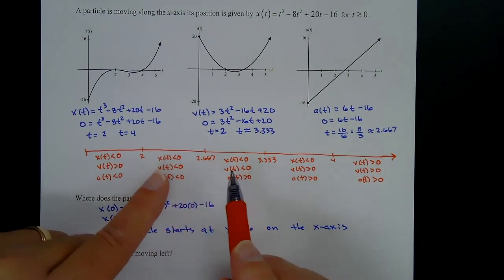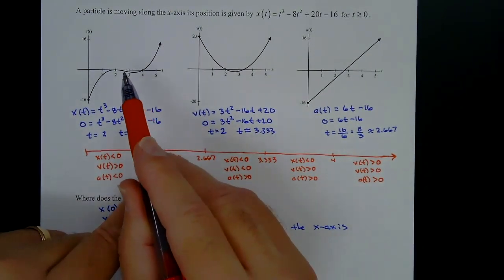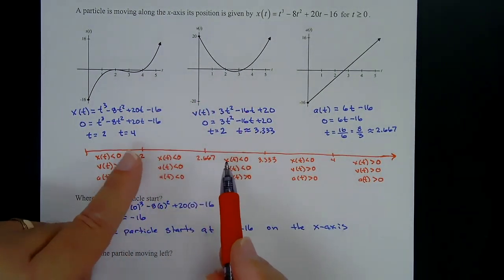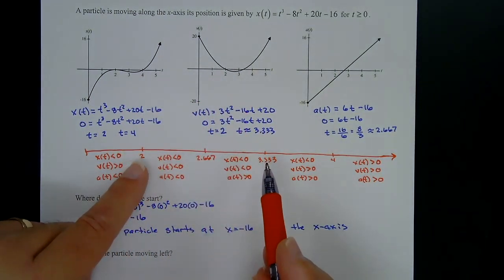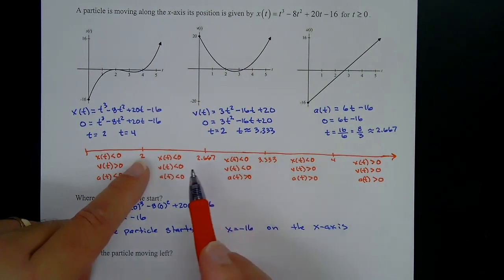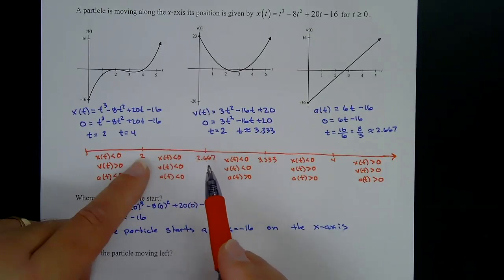So I was actually at 2.667, right, which is right in here. The position is negative, and also right at 2.667, the velocity is negative, right? So we would include this. So we'd go all the way from here to include that interval of where the position is negative and the velocity is also negative, okay? So it's this whole interval. So we got to watch out on these, whether to include them or not, okay?